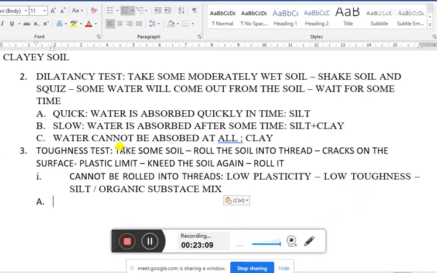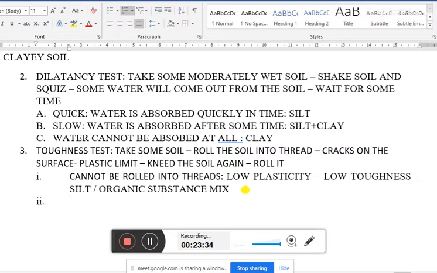The test is the toughness test, and from this case you may conclude that the soil has low plasticity or low toughness, and that type of soil may be classified as silt or an organic substance mix.